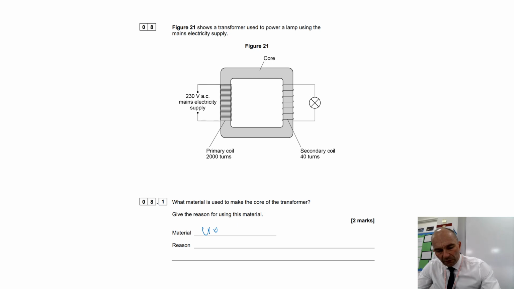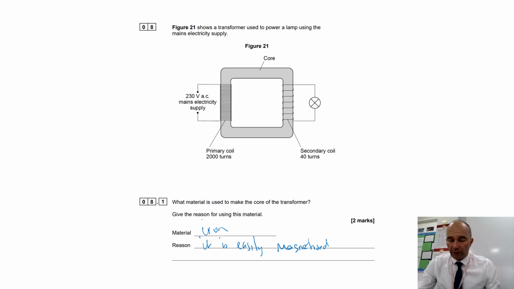We always use an iron core because it is easily magnetized. Or you can talk about it being a magnetic material. That would be acceptable. Now the other materials you could use would be nickel or cobalt, but obviously iron is used much more commonly because it's a lot cheaper and a lot easier to get hold of.